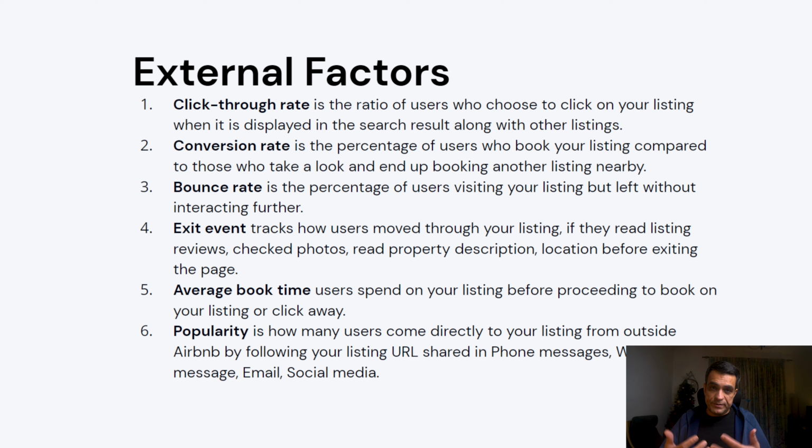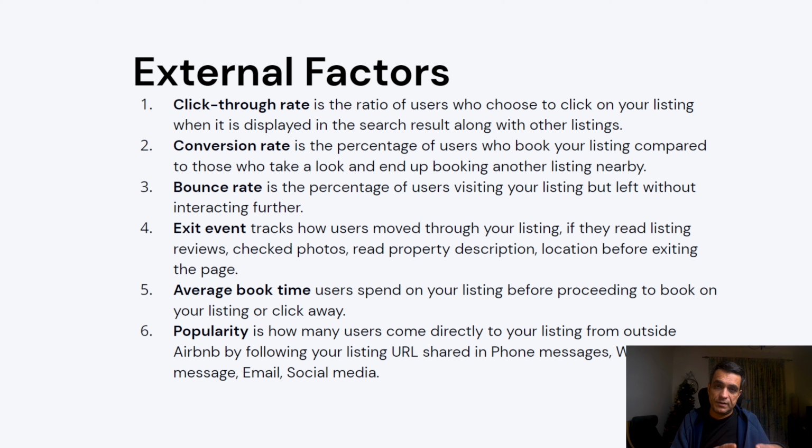Next is popularity. This is how many users come to your listing from outside the search results. Airbnb shows your property in the search results, but are there people coming to your property from the internet? For example, when someone clicks on a URL or in an email and lands on Airbnb, Airbnb knows where it came from, because everything is interconnected on the internet nowadays.